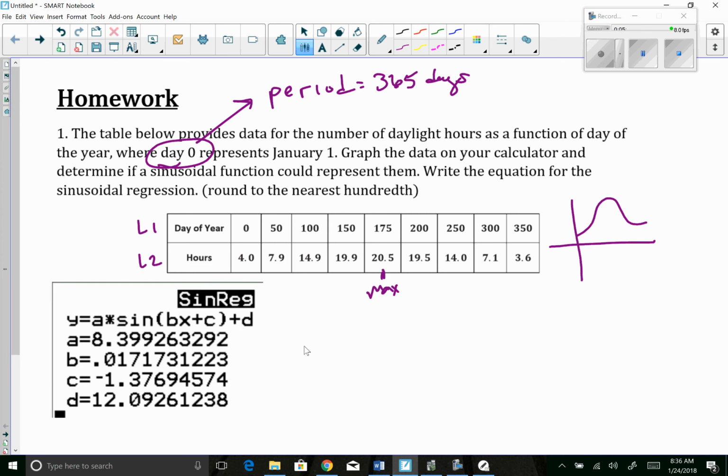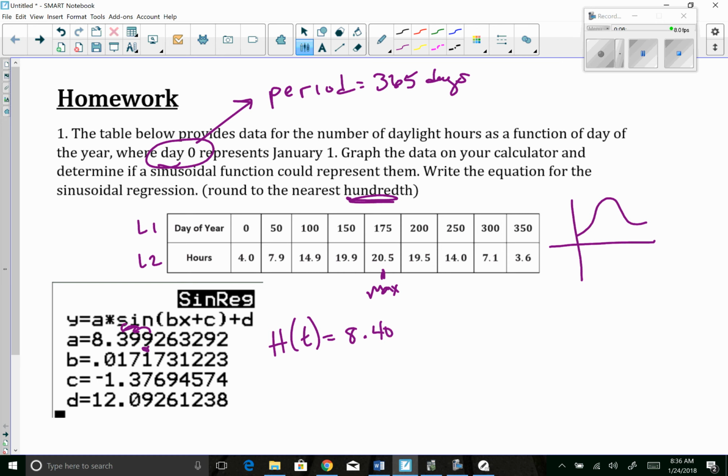So it tells us to round to the nearest hundredth, so it's 2 decimal places. It also tells us that we're talking about a function of hours with time. So we'll say h of t, hours in reference to time, is equal to 8.40. That second 9 makes this 9 round up, which in turn makes the 3 round up.